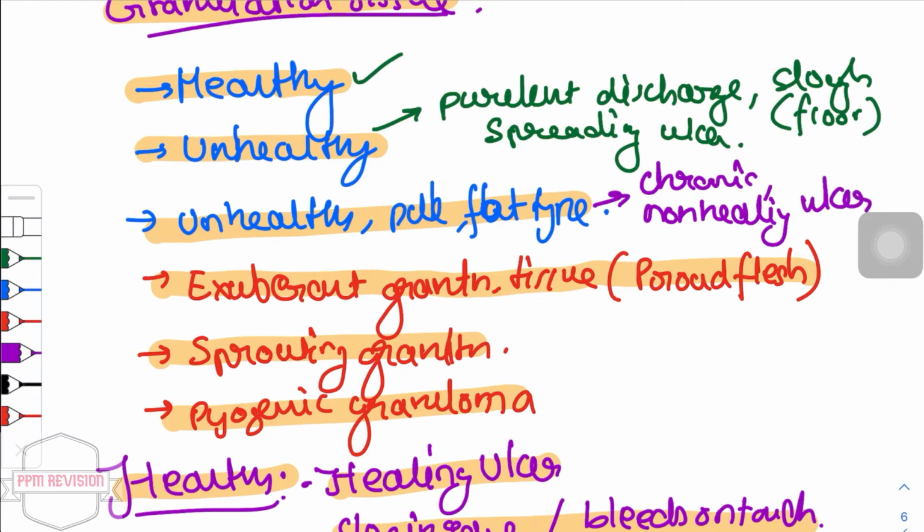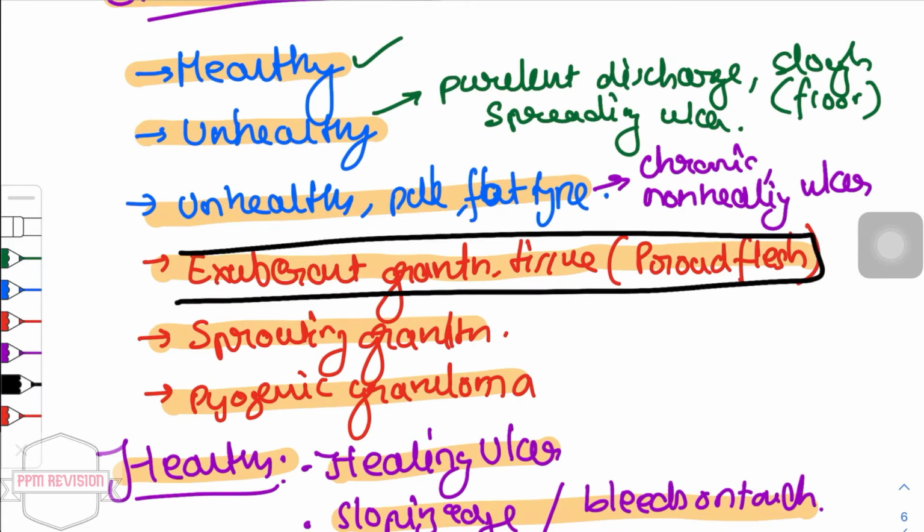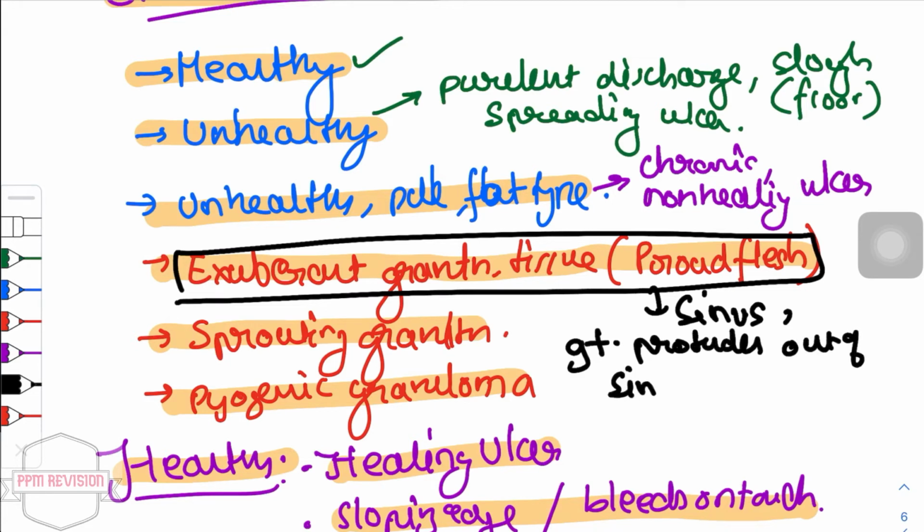Next, exuberant granulation tissue occurs in a sinus or ulcer where the granulation tissue protrudes out of the sinus opening or the ulcer bed like a proliferating mass. It is commonly associated with a foreign body that enters.